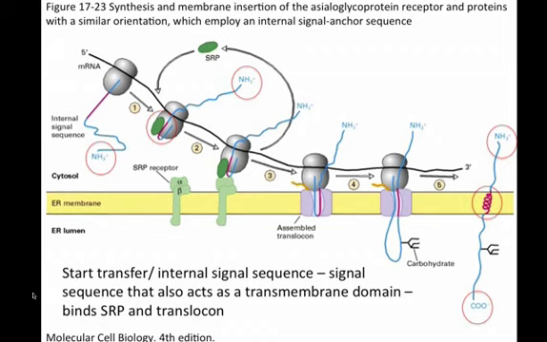So now we're still talking about how all these proteins get in and why topology is important. You have here your ribosome translating an RNA, and in this case it has this internal signal sequence. It translates, and this internal sequence comes out of the ribosome, and SRP sees it and binds to it, and it makes its way over to the ER, binds to the SRP receptor, and interacts with the translocon, and that internal signal sequence also acts as a transmembrane domain.